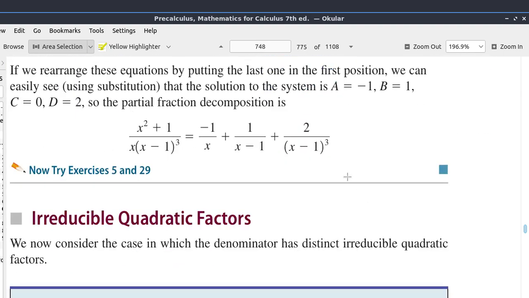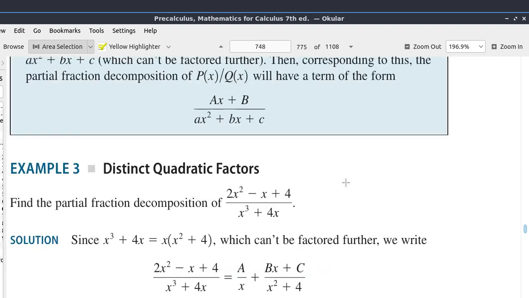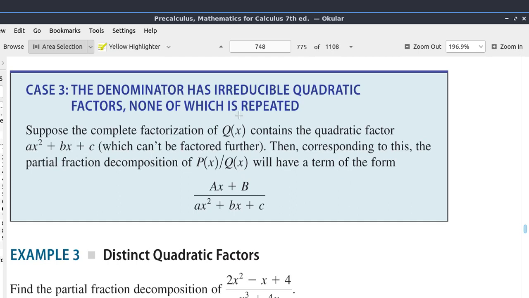Now, case 3, the denominator has irreducible quadratic factors, none of which is repeated. Suppose the complete factorization of q of x contains the quadratic factor ax squared plus bx plus c, which can't be factorized further. So that's why they say it is irreducible. You cannot factorize it.